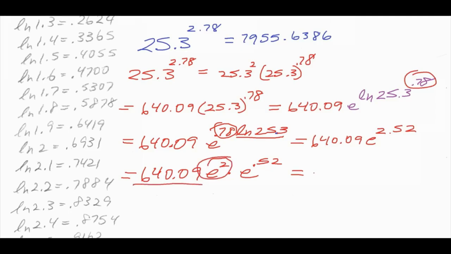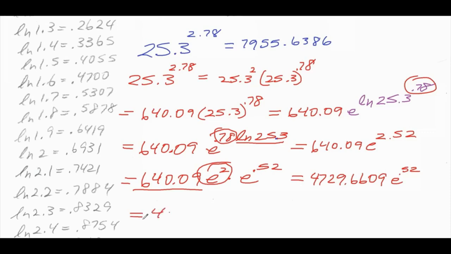And what did that give me? That leaves me with 44,729.6609. And now we have a leftover e to the 0.52.